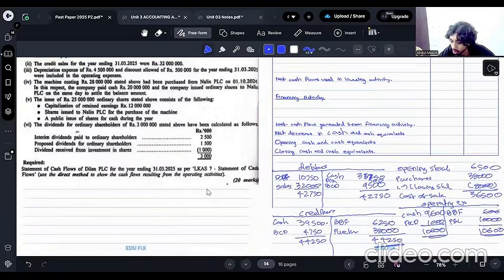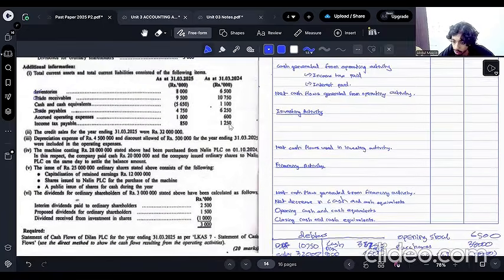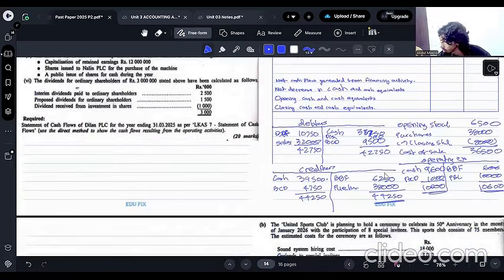Then creditors account opening 6,250, closing 4,750. Purchase value is how much? 36,500 plus 8,000 minus 6,500, 38,000.